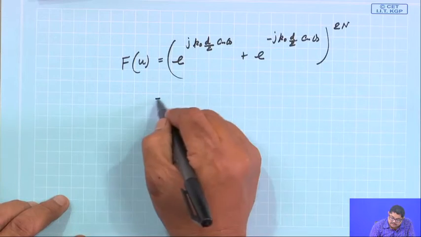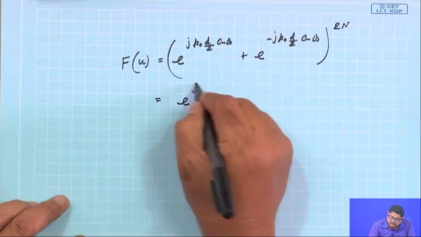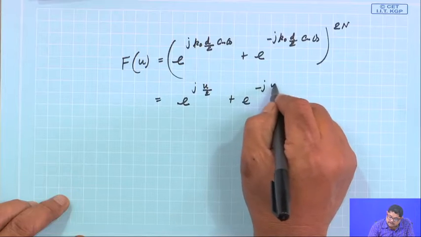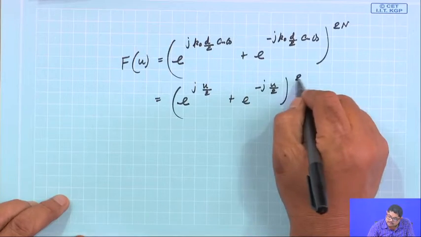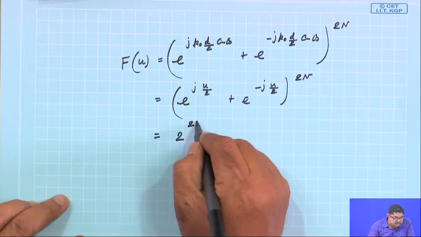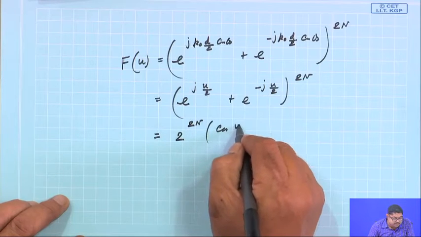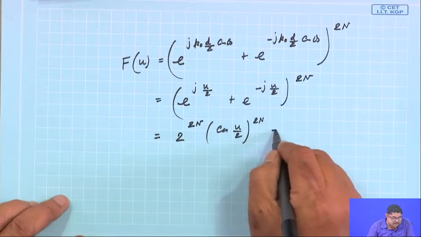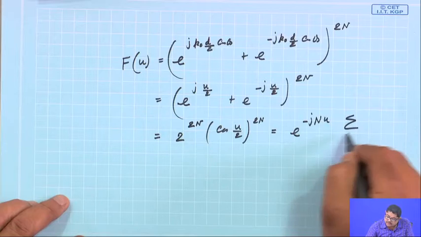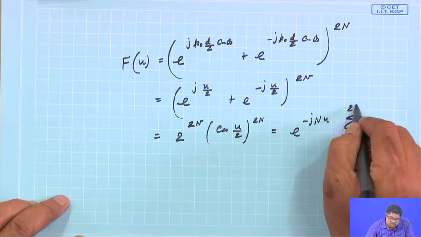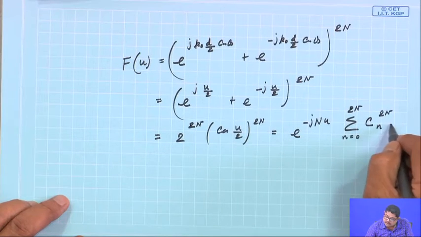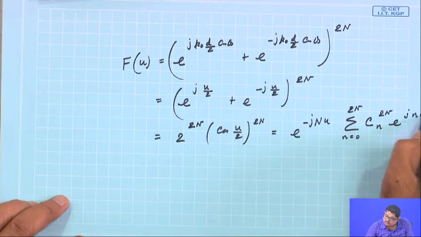So, what we get is e to the power j u by 2 plus e to the power minus j u by 2, whole to the power 2n, is equal to 2 to the power 2n cos of u by 2 whole to the power 2n, is equal to e to the power minus j n u, sum over n equal to 0 to 2n of 2n C n e to the power j n u.